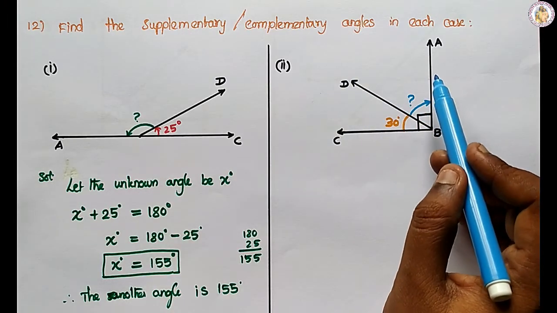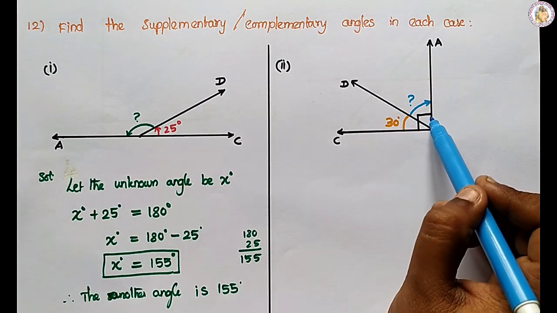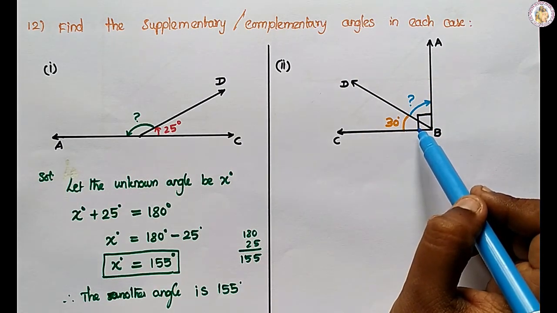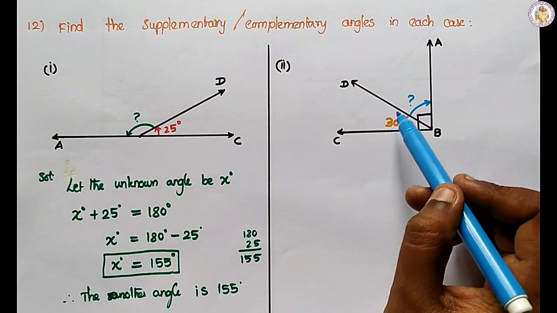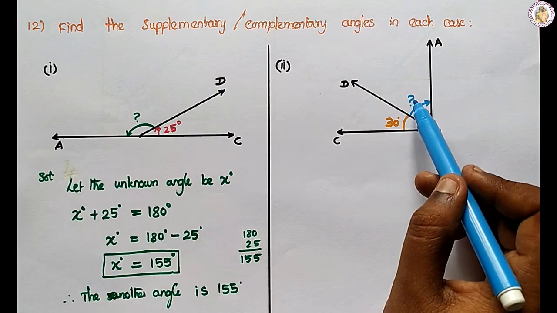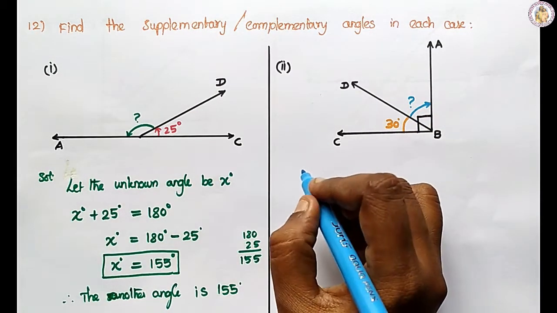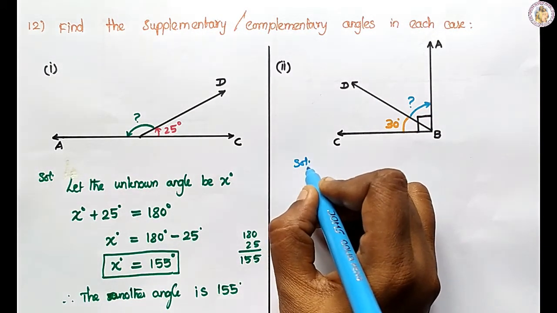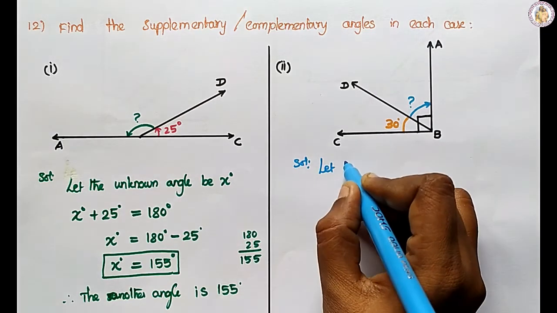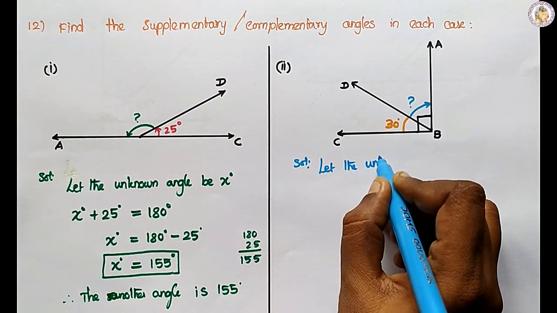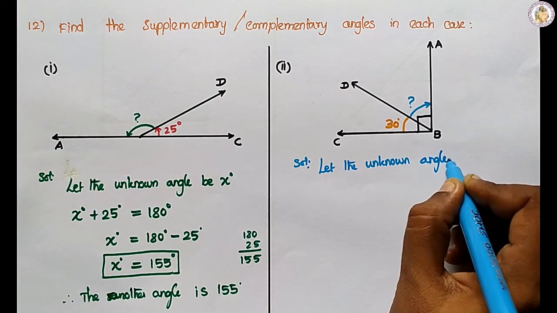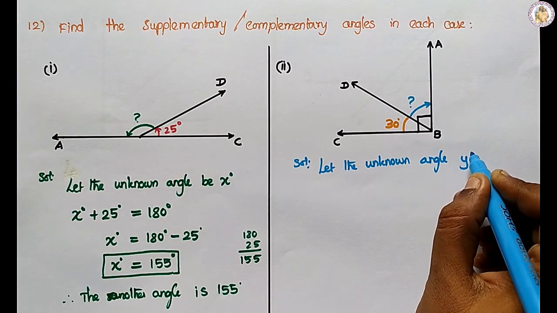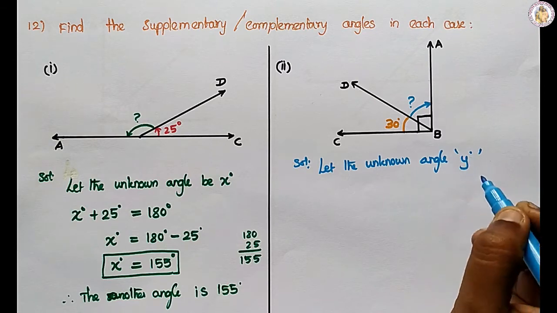Next one, second subdivision, it is 90 degree. So that is complementary degree. Split into two angles, one is 30 degree and one we have to find out. Now let the unknown angle be y degree.